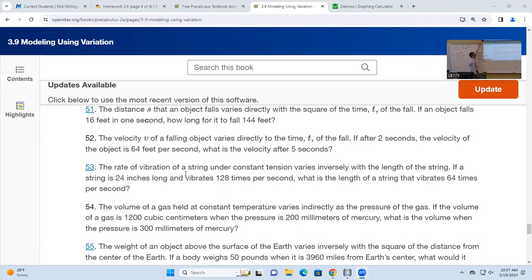Then let's look at another one. Let's look at number 53.